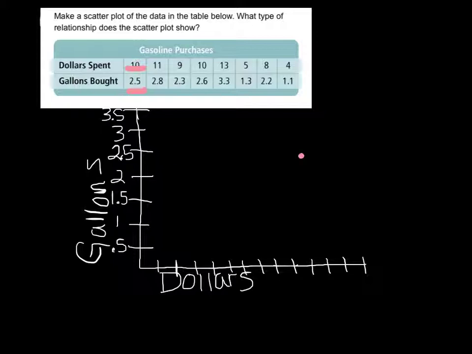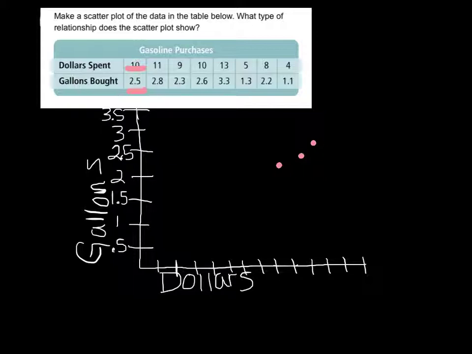My next one's going to be at 11 and about 2.8, so just right above where I made my last one. Doesn't have to be completely perfect, just get it in the general vicinity. My next one's going to be 9, 2.3. Like I said, you're just plotting points just like we've done this before.